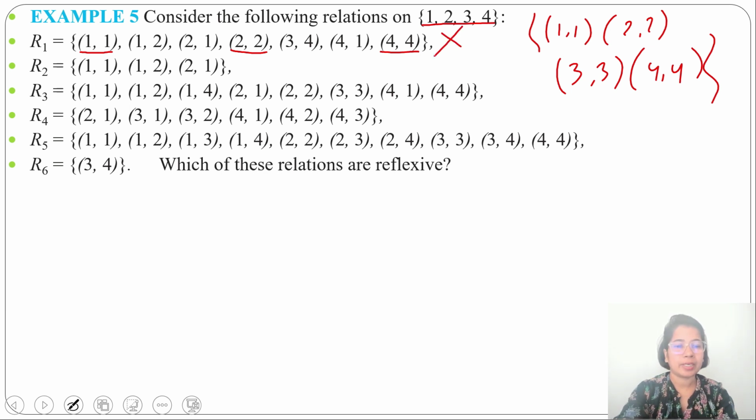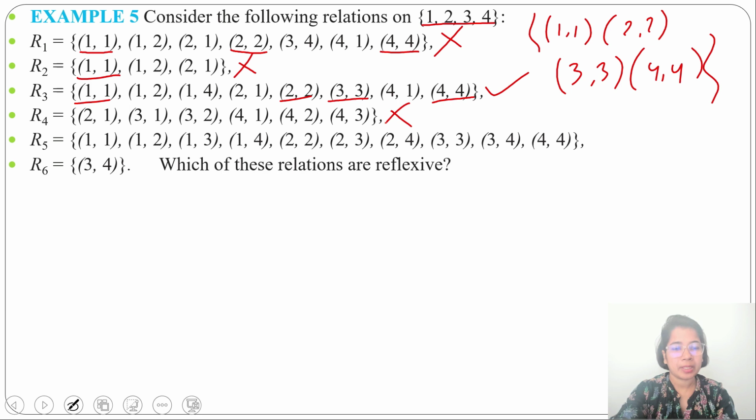Next R2, it contains (1,1), no (2,2), (3,3) or (4,4), so not reflexive. Next R3, it contains (1,1), (2,2), (3,3), (4,4). Yes, it contains all the diagonal ordered pairs, so it is reflexive. Next R4, it doesn't contain (1,1). It doesn't contain any diagonal pair, neither (1,1), nor (2,2), nor (3,3), nor (4,4), so not reflexive.